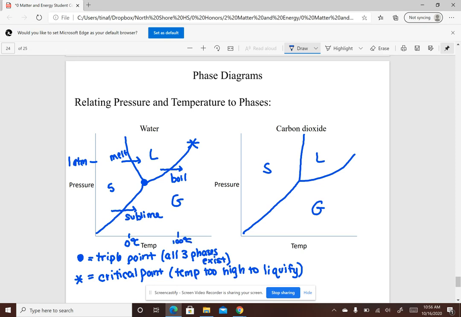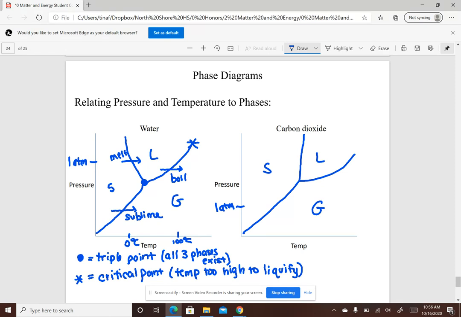So if you follow that 1 atm across, we hit the melting line at 0 and we hit the boiling line at 100. Okay, so at standard pressure, those are water's normal melting and boiling points. For carbon dioxide, since carbon dioxide is a gas already at standard temperature and pressure, our 1 atm would be down here.